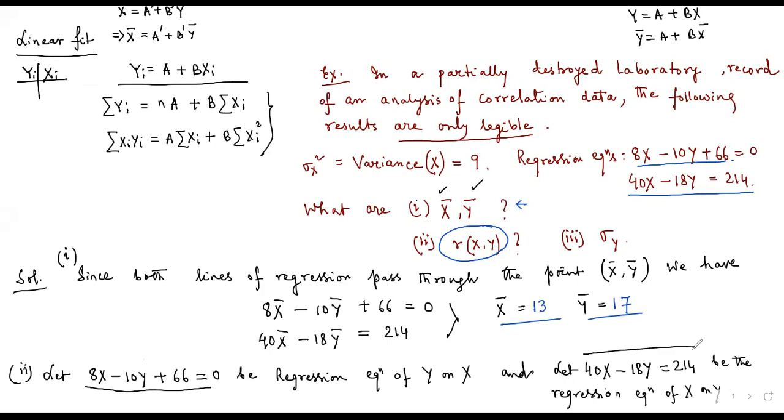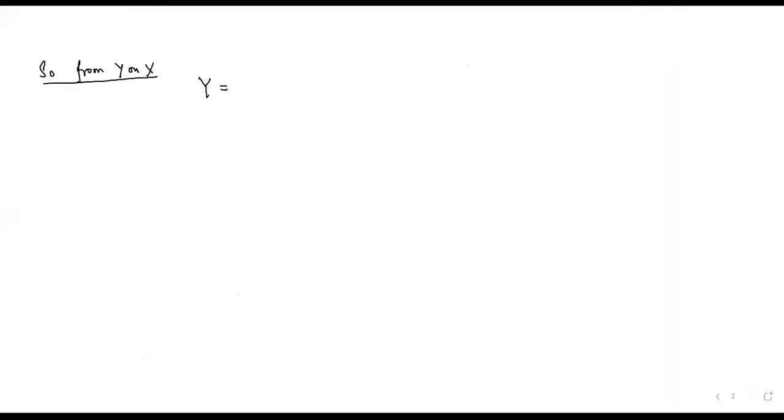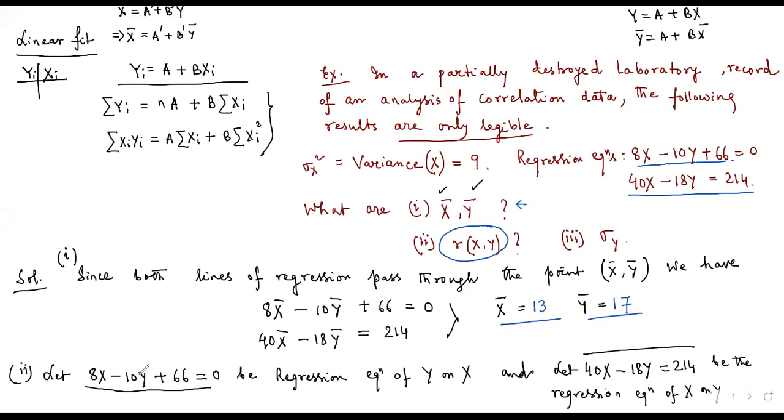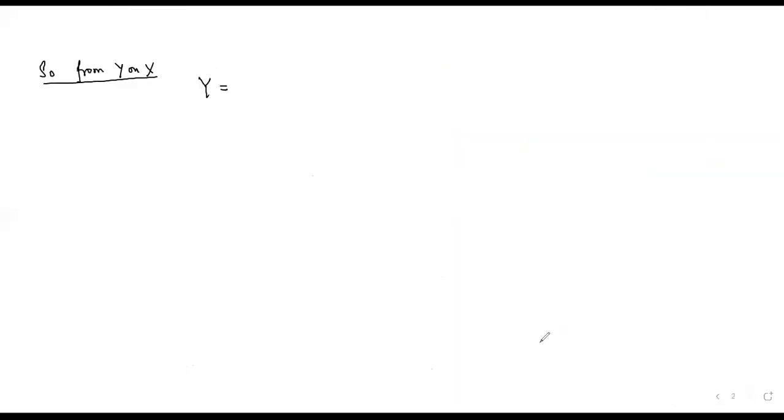Similarly, since we are assuming the other to be the regression equation of x on y, we will keep x on the left hand side, our usual notation. So we get minus 10y equal to minus 8x minus 66, and y will be minus 8x minus 66 by minus 10, which is equal to 8x plus 66 by 10.